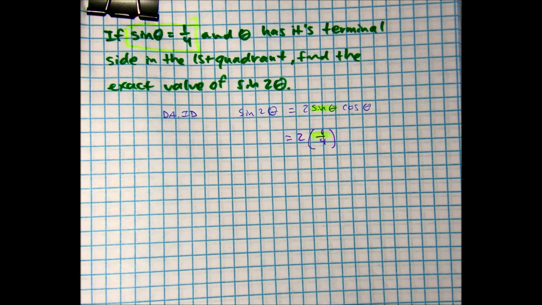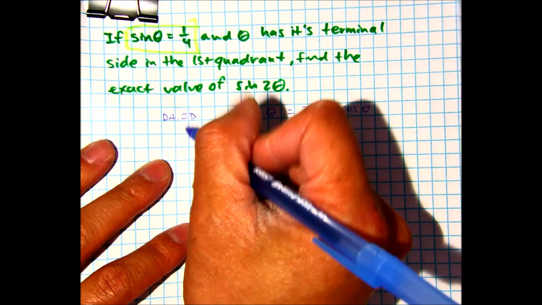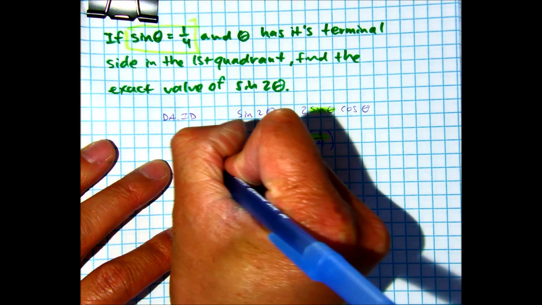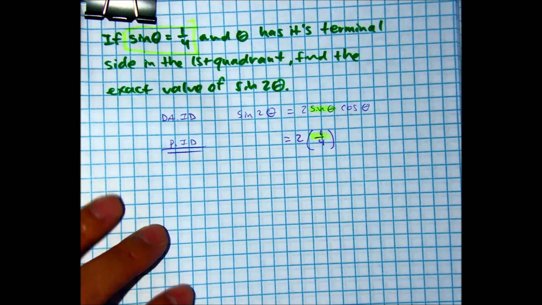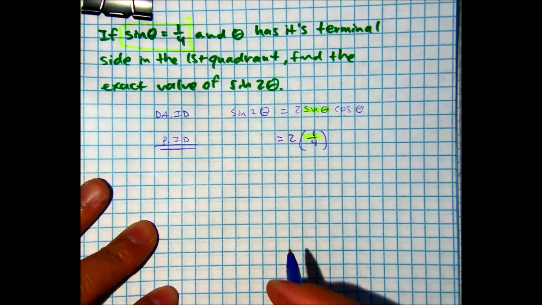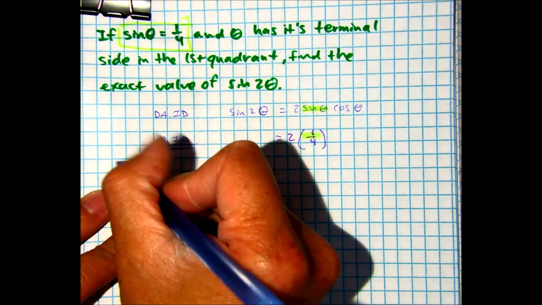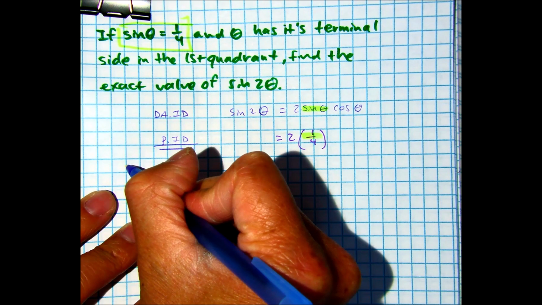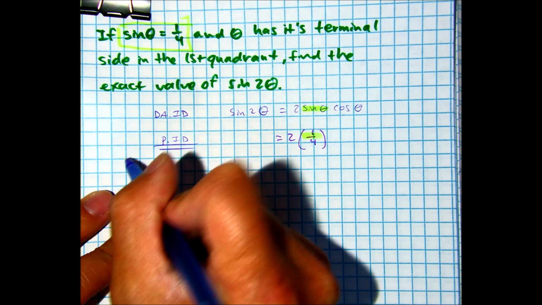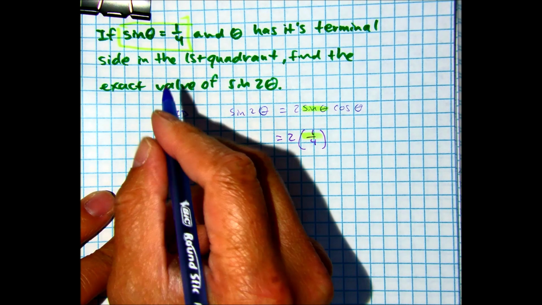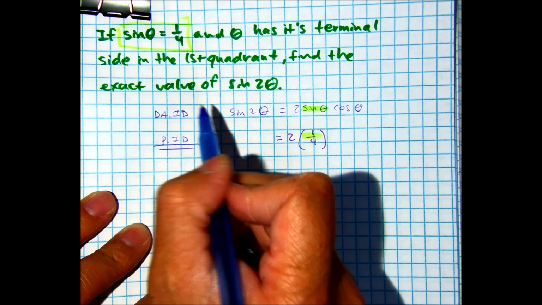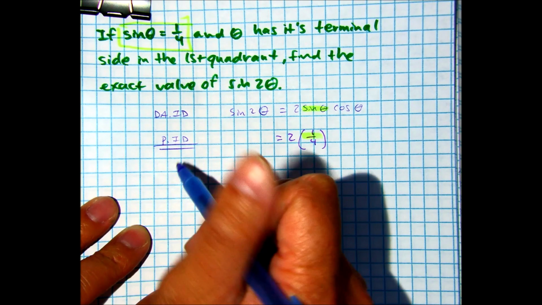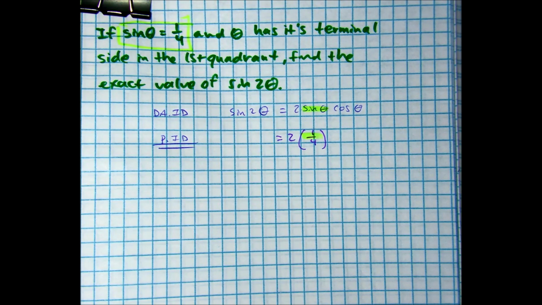Okay, Ethan, what identity? Pythagorean identity. Which Pythagorean identity did you use? Okay, you got the identity correct. There are 3 of them. We're only probably going to use one of them.